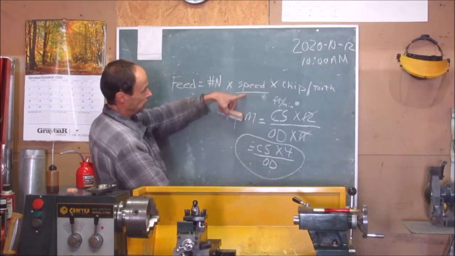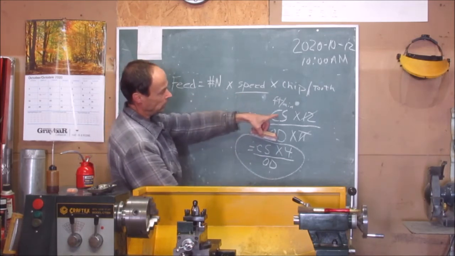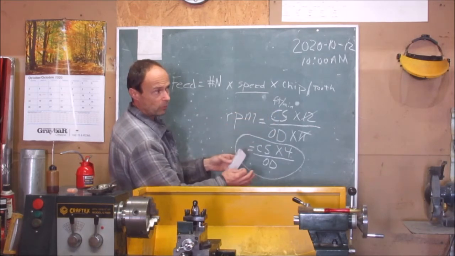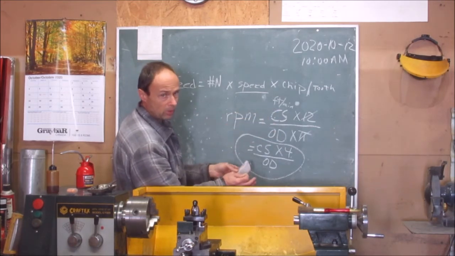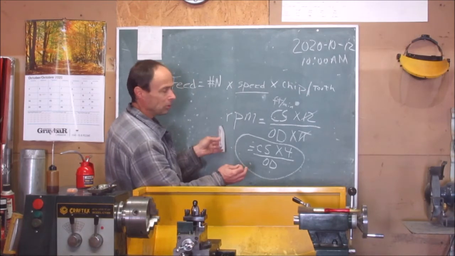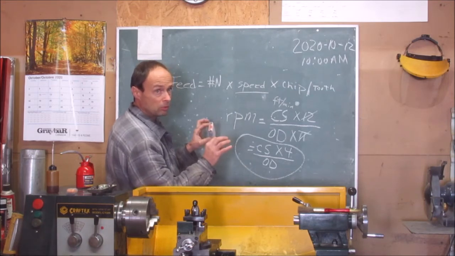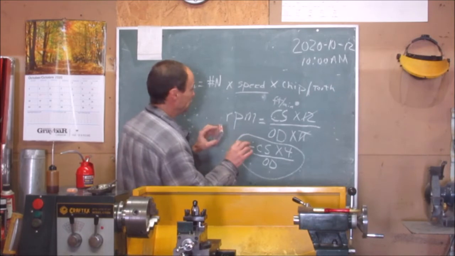Okay, that's your speed. Your cutting speed is going to be given in charts for carbide cutters and high-speed steel cutters. And the manufacturer of the tool might have its own quantities, right? Its own data.